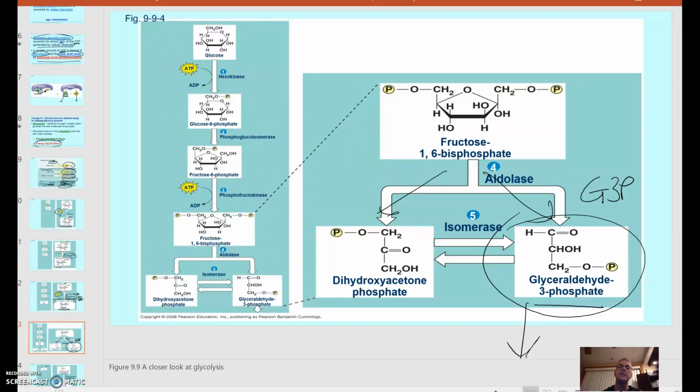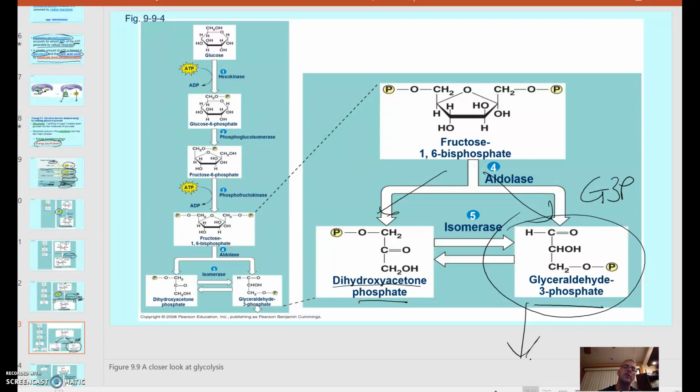There is an isomer of G3P known as dihydroxyacetone phosphate. There's an isomeric reaction or an isomerization that takes place between these two molecules. So basically, when one G3P is made, it automatically proceeds to the next step.